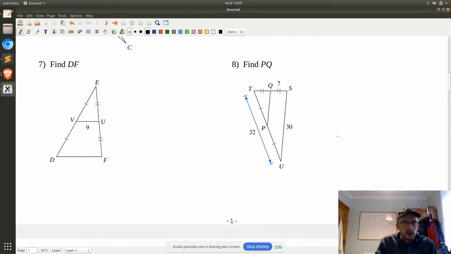They're all correct. Find the length of the line segment DF. By the mid-segment theorem, that should be double the length of the line segment VU. So double 9, and we get 18. Now find the length of the line segment PQ.